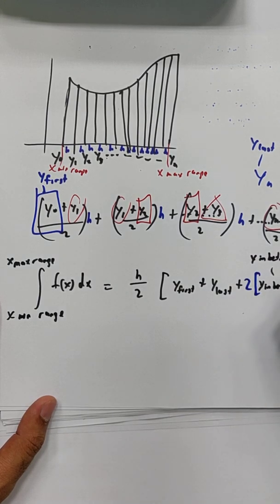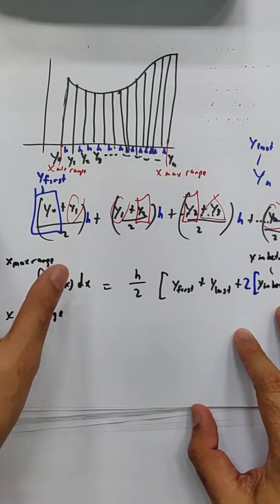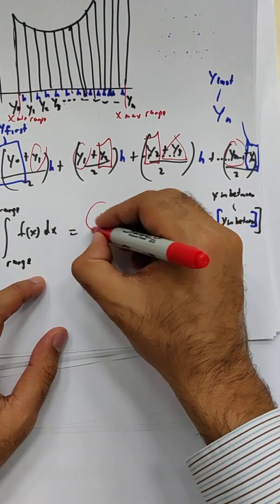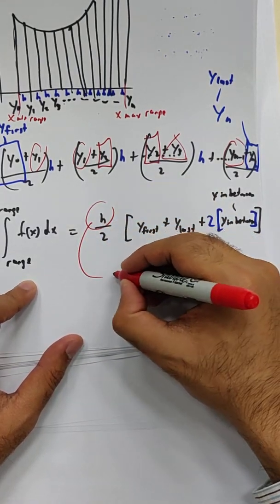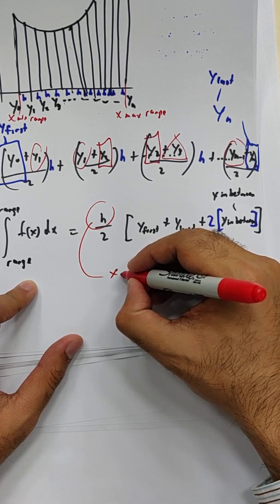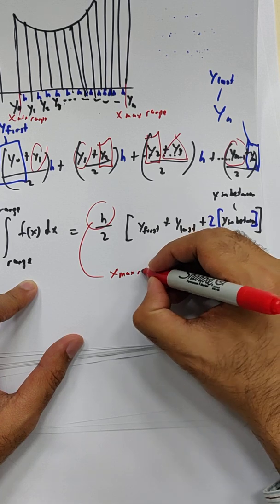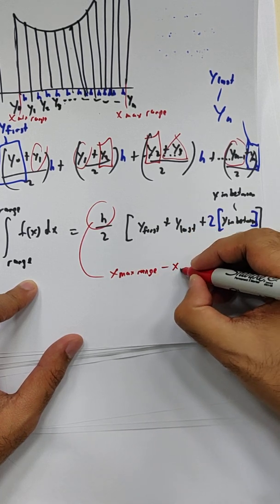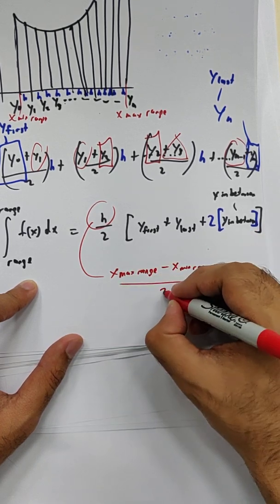Doesn't help that much. These are the formulas that you need to memorize, where h is basically X max range minus X min range over 2.